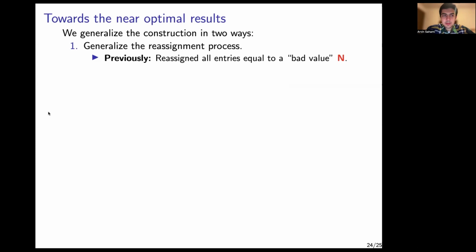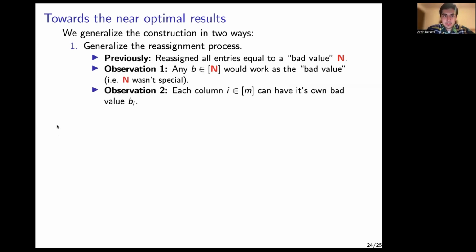Okay, so I'll just be very brief about this and mention them in words, but we're going to generalize this reassignment process in two ways, and this is going to add flexibility towards how we're going to manipulate the entries. So previously, we used a fixed bad value big N and just looked at rows that had big N and somehow modified those entries.